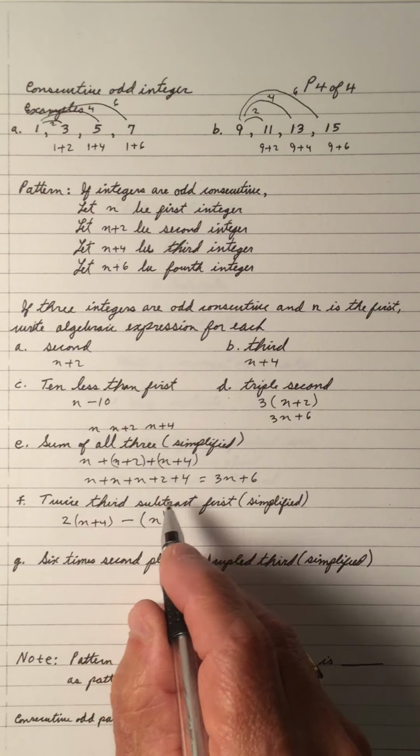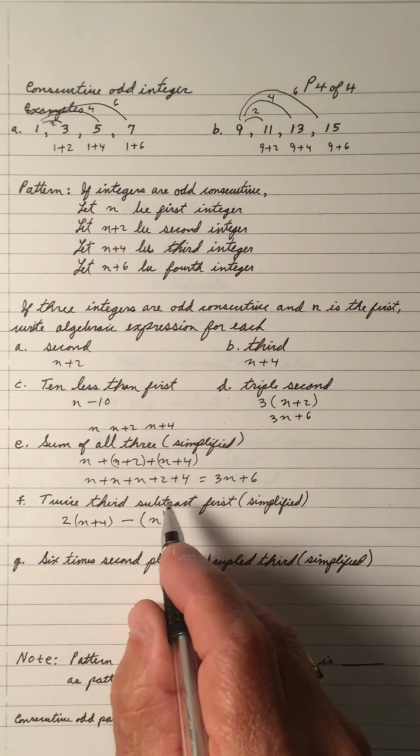So that gives us 2n minus n plus 8. I have to write it in descending order, the n and then the constant. So that gives us n plus 8. So if I wrote down 2 times n plus 4 minus n, then this bracket is not necessary when you have a single term.